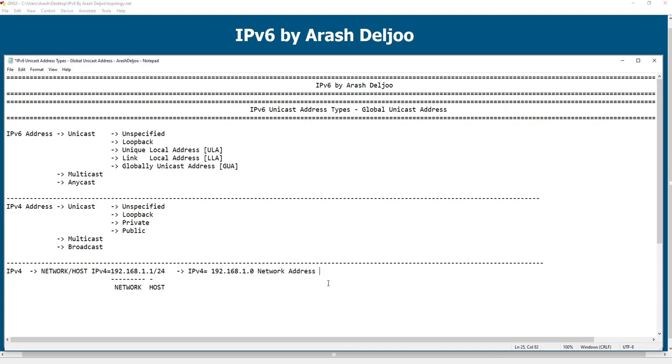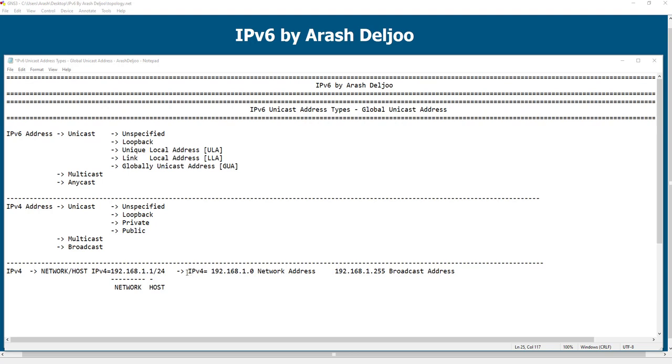And if you want to find the broadcast address, you should use 1 in all of the host bits: 192.168.1.255. This is the local broadcast address. In IPv6 we don't have this special broadcast address. In IPv6 we don't use broadcast. This is for IPv4.